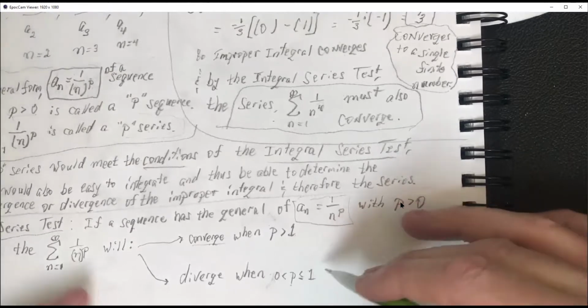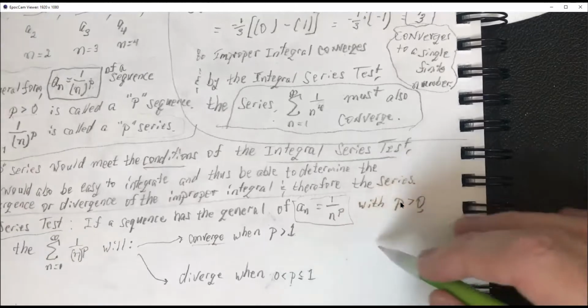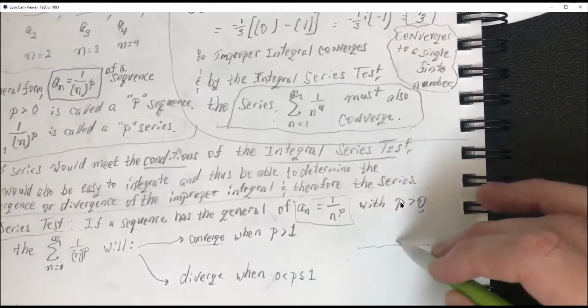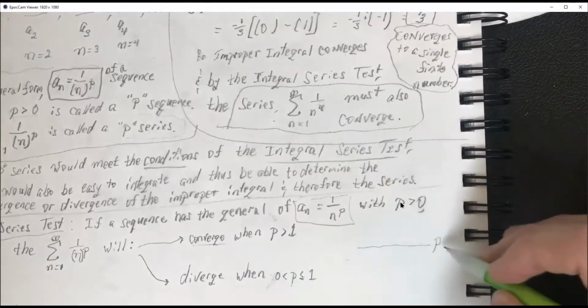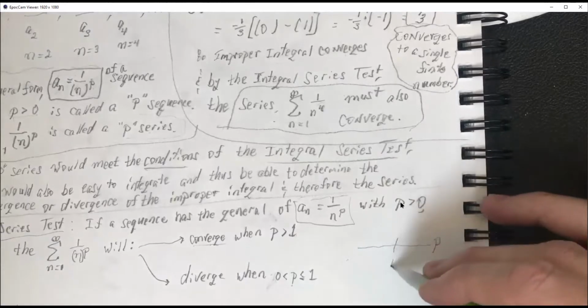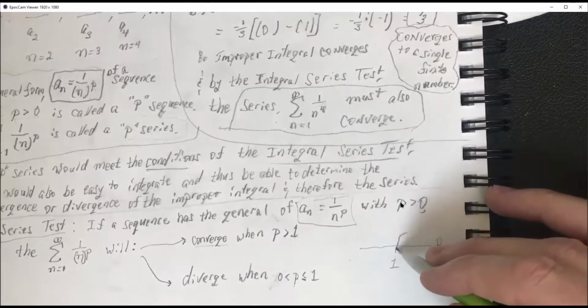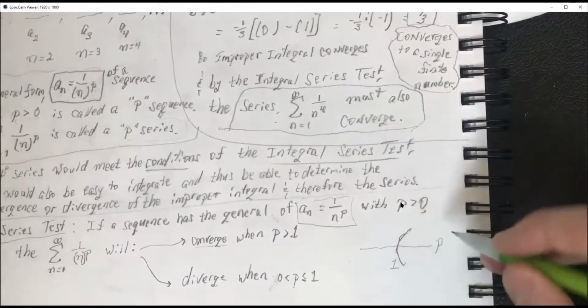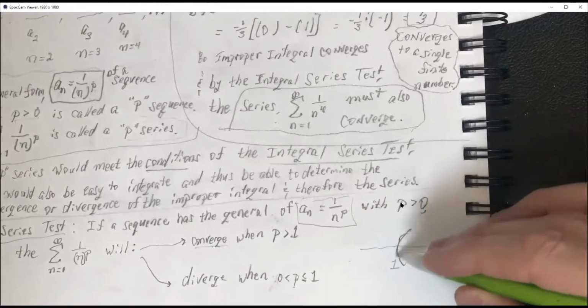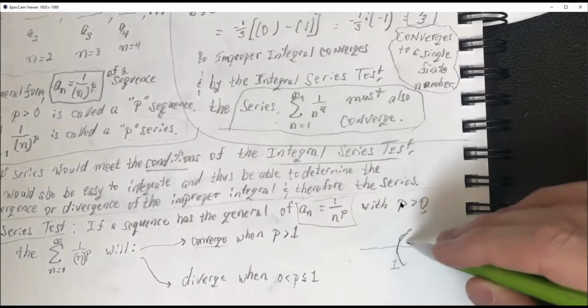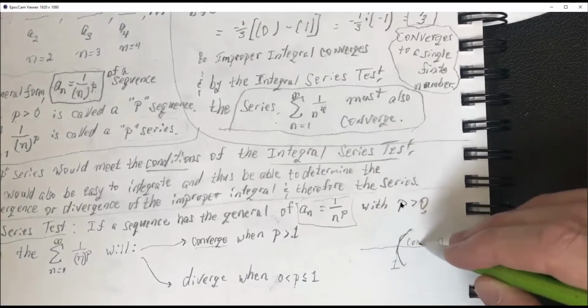Okay. So if you think of a number line, and this is the P number line, here's 1. So if P is greater than 1, I put a parenthesis here because that means not including 1, then the series is going to converge.